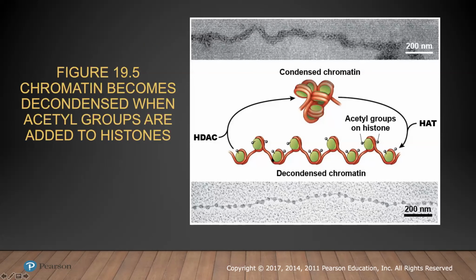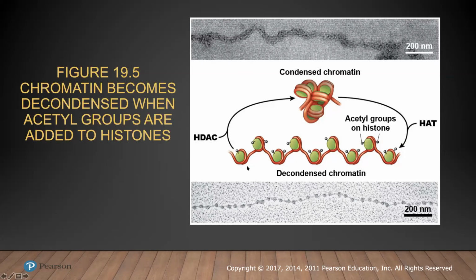So in this picture here, and I know in my textbook, I noted here where the HAT is, I said, well, this is turning on the gene, right? Because I have this decondensed chromatin. So my RNA polymerase is able to come in here and eventually read this DNA strand to make our messenger RNA.